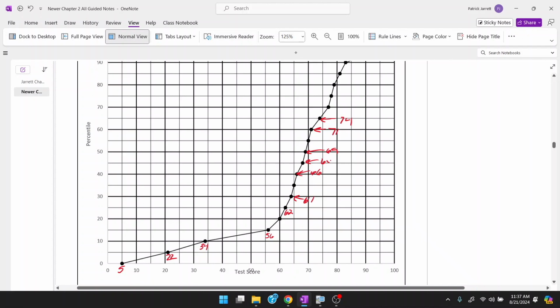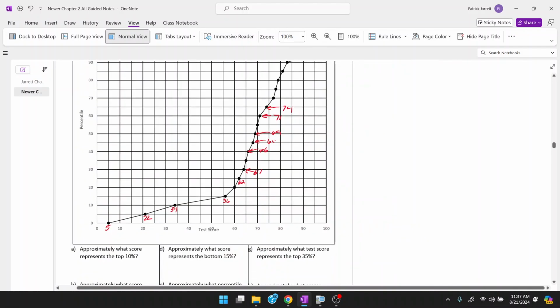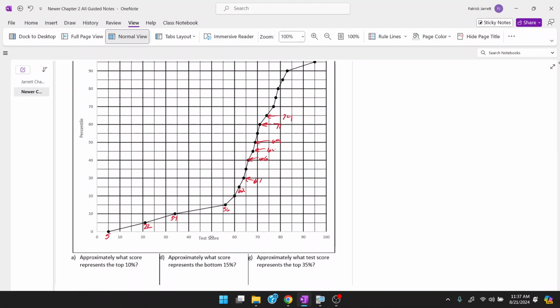So here's a good question. Approximately what score will represent the top 10%? If I want the top 10%, what percentile am I looking at? 90th. The one you will have, the test scores will be increments of 2, you'll have bars. If I want the 90th percentile, which is right up here, that test score looks to be about 83.